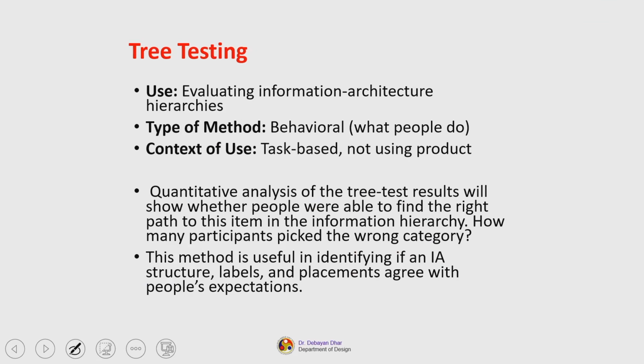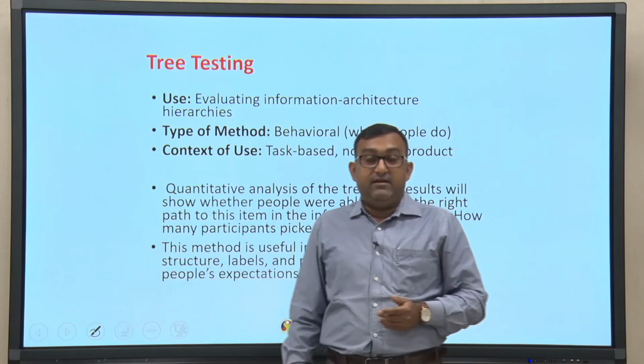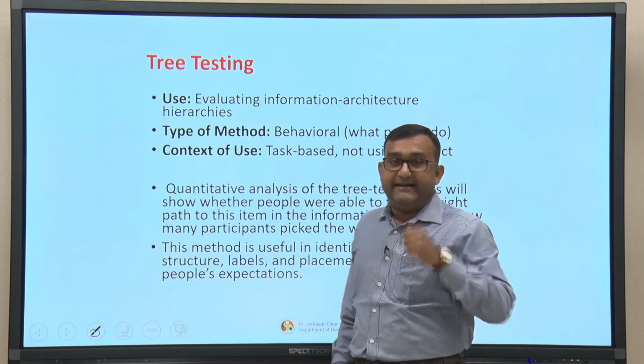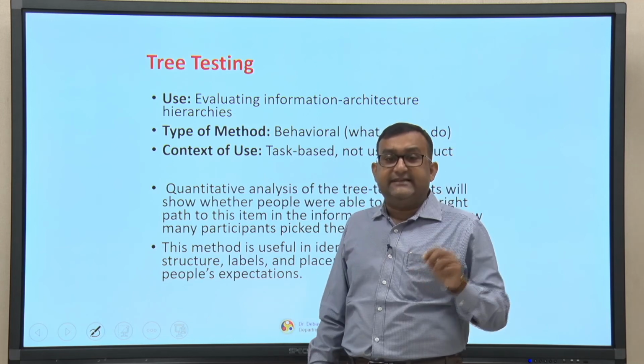The next one is tree testing. We have discussed this technique also in detail in the last module. Tree testing is used to evaluate information architecture hierarchies. There is a qualitative aspect to it as well, and the method is behavioral, what people do. We are asking people to complete a task, to identify certain things.